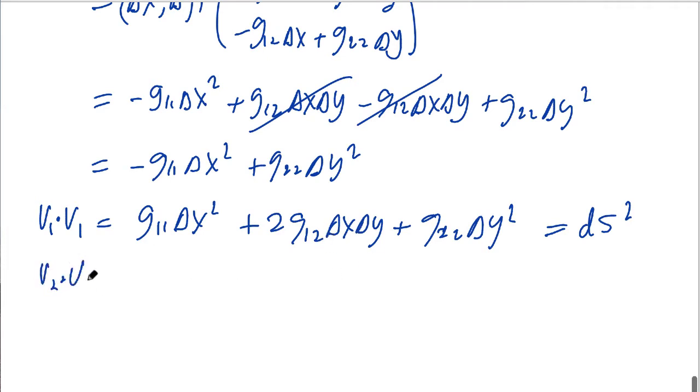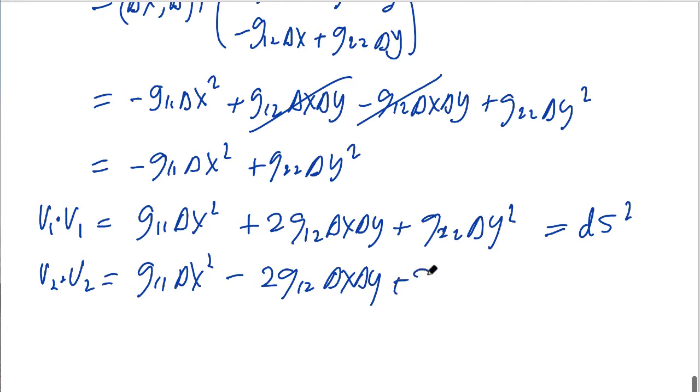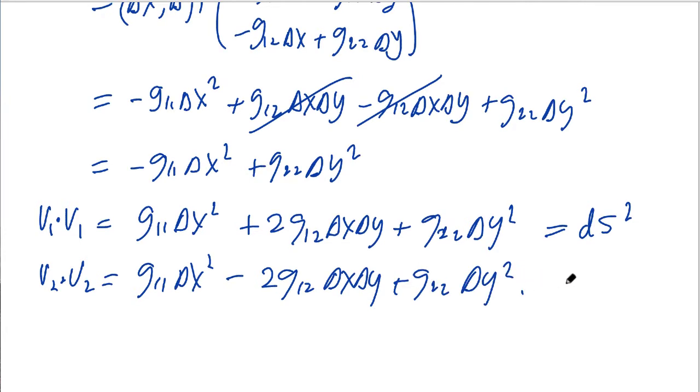So v2 dot v2 is g11 delta x squared minus 2 g12 delta x delta y plus g22 times delta y squared. And again, this is equal to ds squared, the proper square of the proper distance between the 2 points connected by v2.